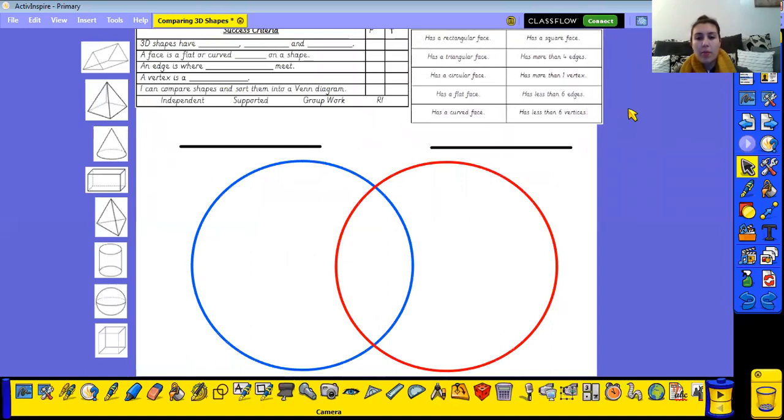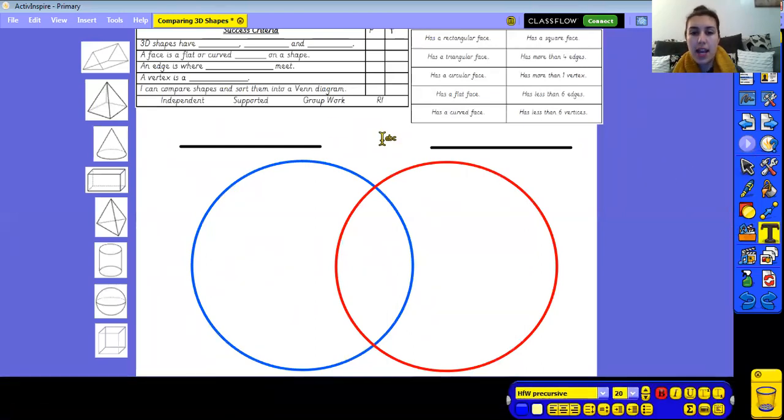Now, if you're struggling to think of your own names for categories, then I have got a little table here with some ideas in. So for example, looking at that, I'm going to say that this side has a flat face, and I'll name this side has a curved face.